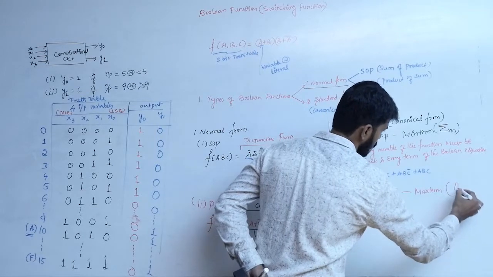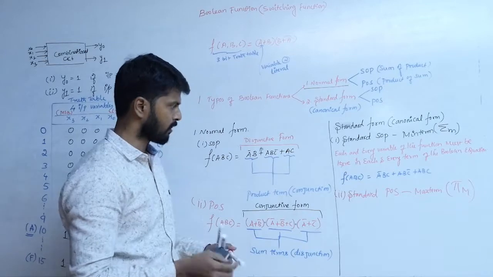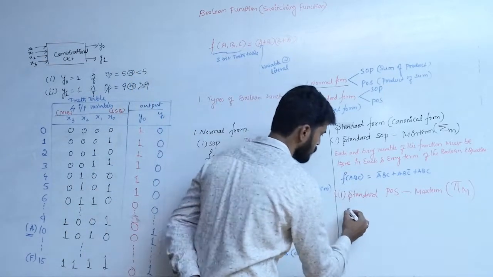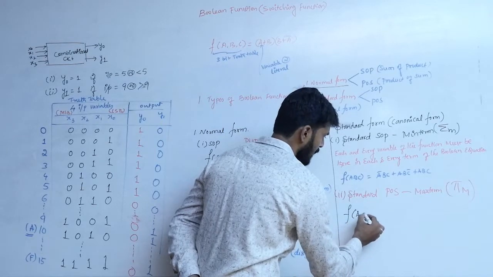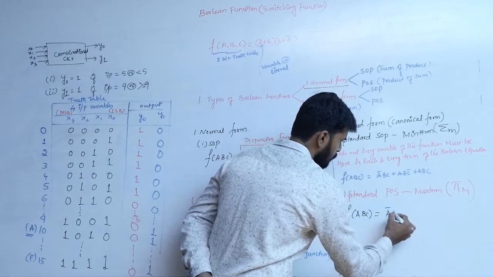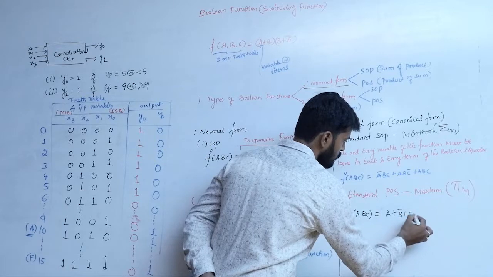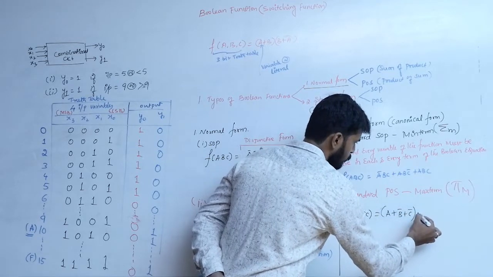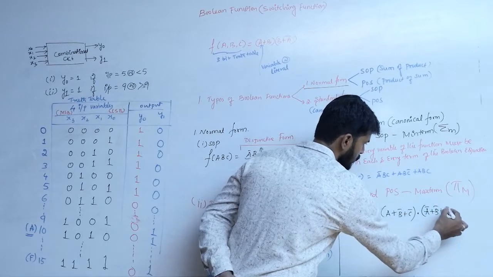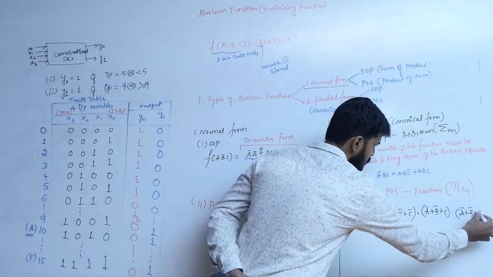This is represented by capital M, this is the symbol we use. So how is the standard form equation represented? f of a b c is equal to (a bar plus b bar plus c bar) into (a bar plus b bar plus c) into (a bar plus b bar plus c bar).